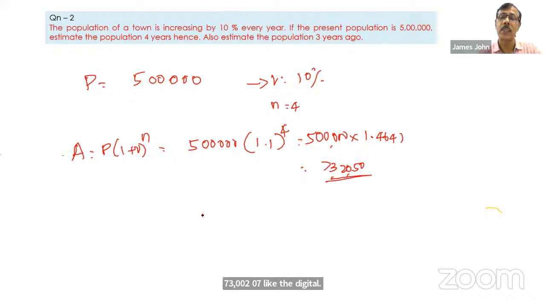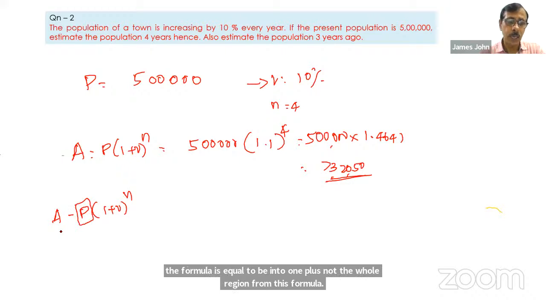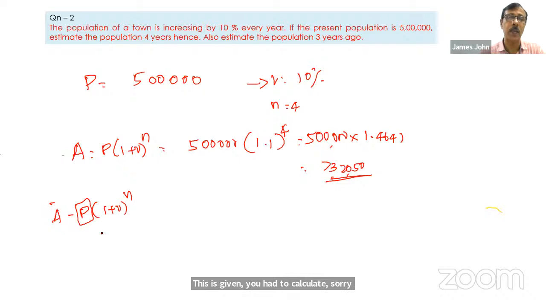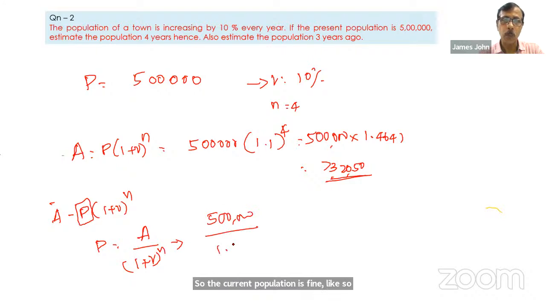What is the population 3 years ago? You have the formula A is equal to P into (1 plus R) the whole raised to N. Here A is given and you have to calculate P. P is equal to A by (1 plus R) the whole raised to N. The current population is 5 lakh, so 5 lakh divided by 1.1 raised to 3.